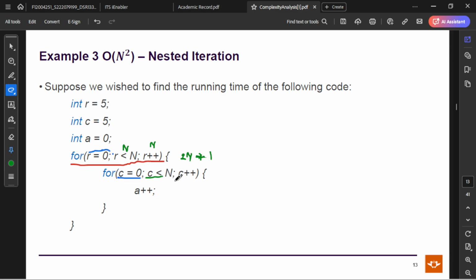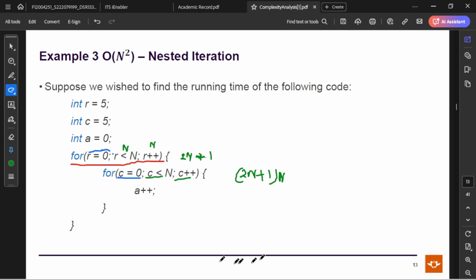So we're also going to have the same thing, 2n plus 1. But here's the trick about this one: it's happening inside a for loop, and that for loop runs how many times? n times. So the whole thing over here is going to be multiplied by n.